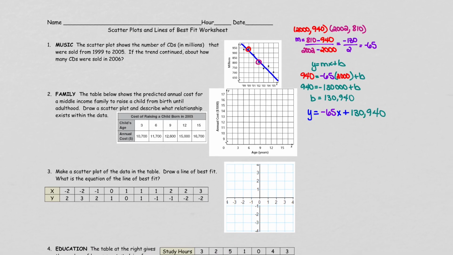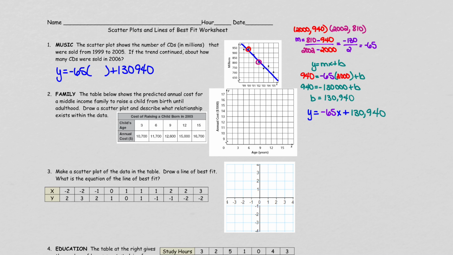It says about how many CDs were sold in 2006. So we can plug in here, or we can just use our graph, because it should be pretty obvious. But let's just plug in for the heck of it here.